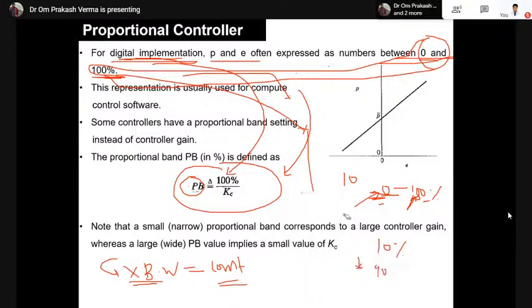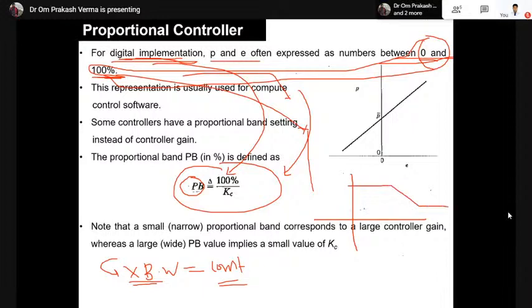So let's say you have a response of the open and the response of the proportional control like this one. This is the off condition, and this one is the on condition, right?